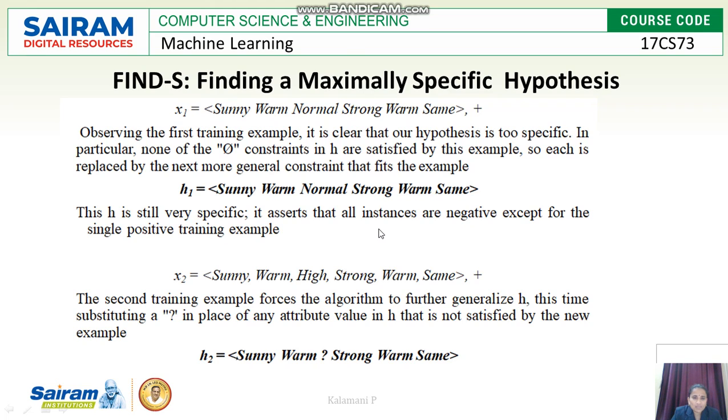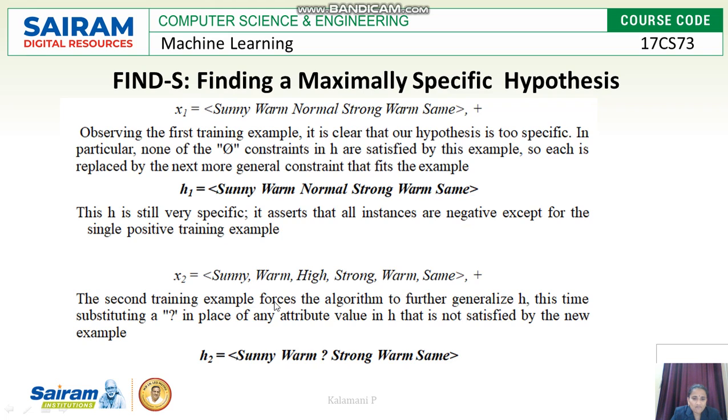This is positive. Next, x2 is also a positive training example: sunny, warm, high, strong, warm, same. Sunny in x2 and sunny in h1, so it takes sunny only. Next warm, warm only.